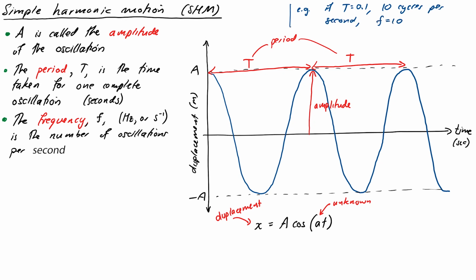So our frequency in that case would be 10 hertz. So in general, you can get the frequency by just taking the reciprocal of the period, i.e. 1 over the period. So that gives us the equations f is 1 over T, and it goes the other way as well. You can get the period from the frequency by calculating T is equal to 1 over f.